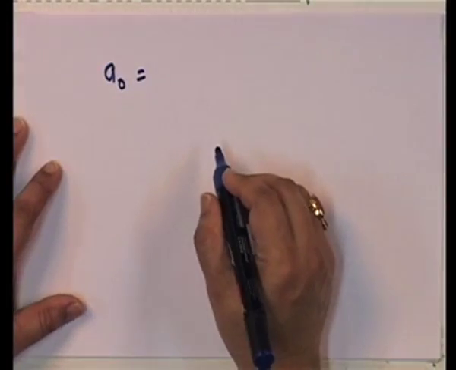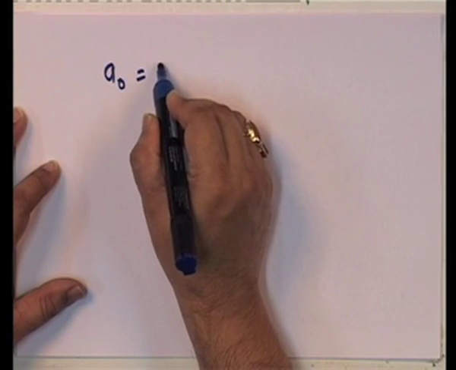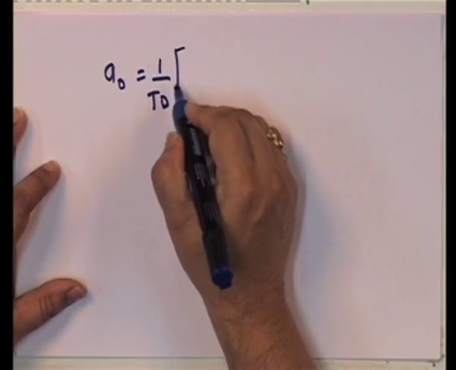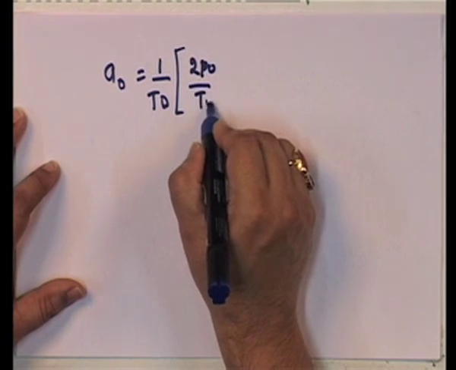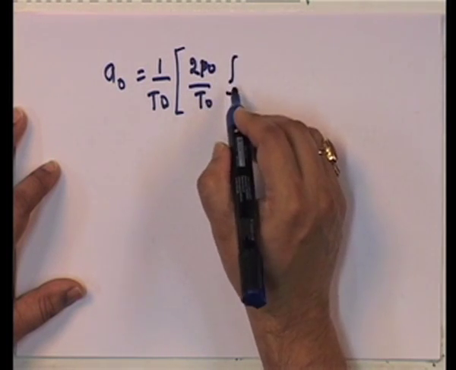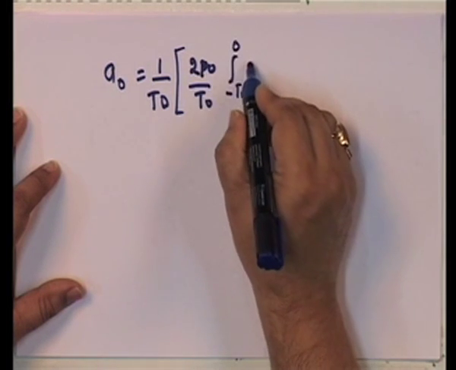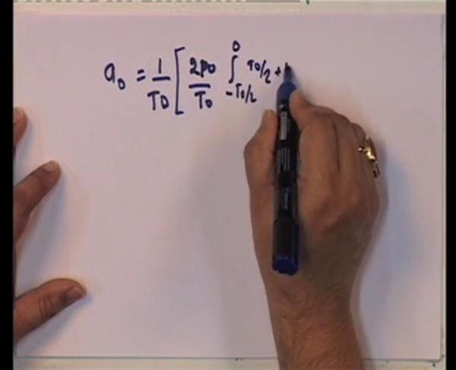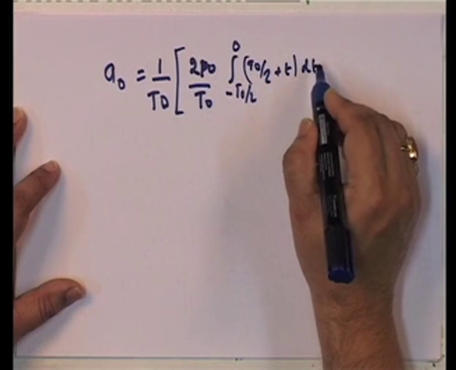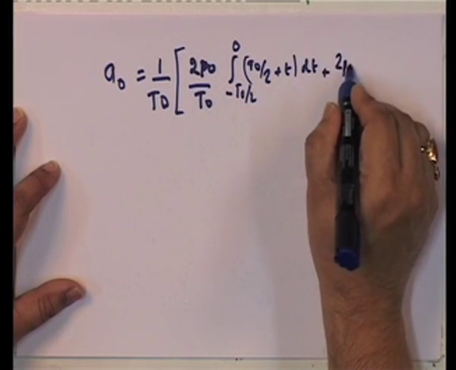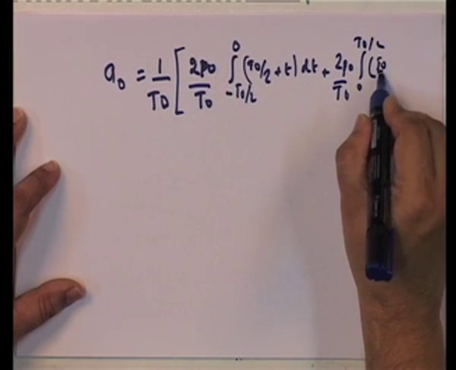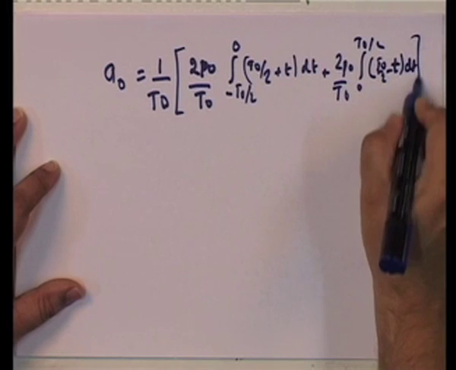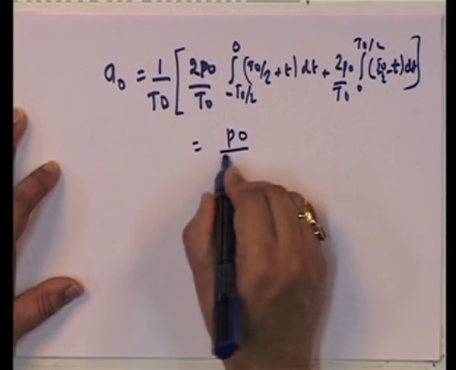I'm going to put it down, and this is going to be equal to A 0 is equal to 1 upon T naught into 2 P naught upon T naught integral minus T naught by 2 to 0 of T naught upon 2 plus T dt plus 2 P naught upon T naught, 0 to T naught by 2 of T naught upon 2 minus T dt, and after doing all of those, this works out to be P naught by 2.